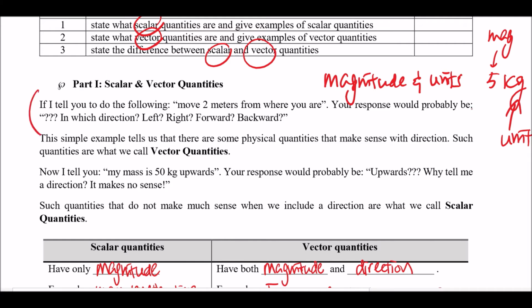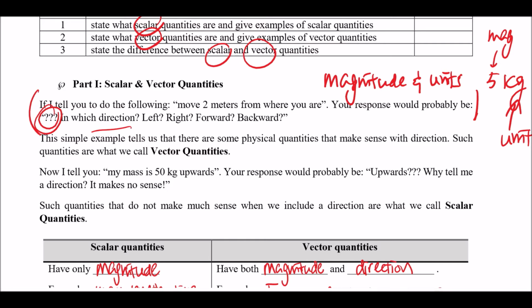If I tell you to move 2 meters from where you are, you'll probably tell me, huh? In which direction? Because you can move forward, backwards, to the left or to the right.